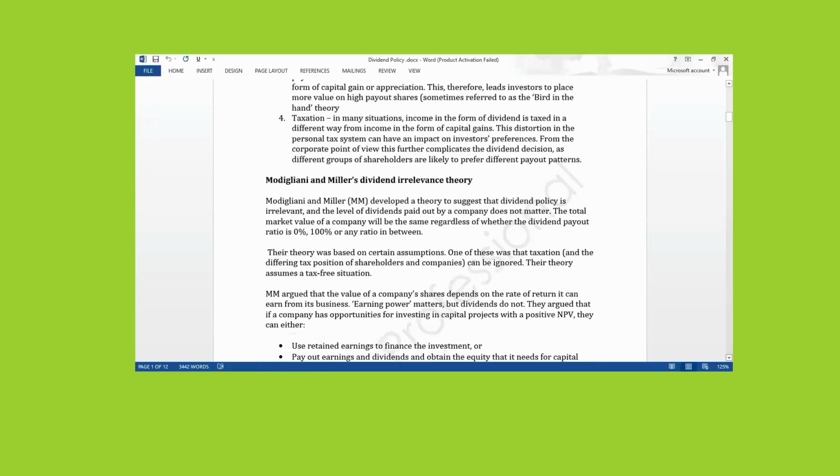The amount paid as dividends does not have impact on the company's market value.